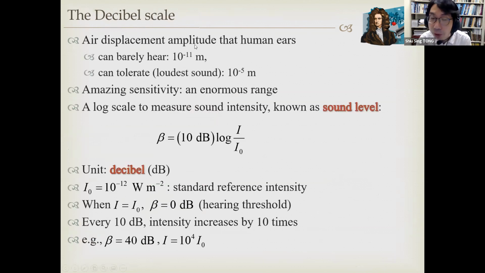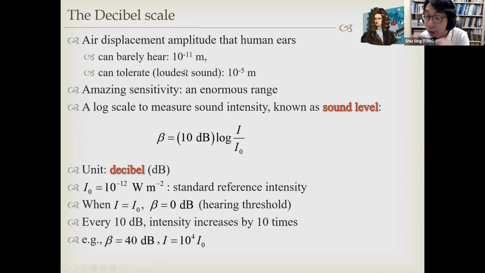The loudness of a sound is actually measured in decibels. Now, air disturbance, the displacement in air that human ears can hear, has a very wide range. For the sound that human ears can barely hear, the displacement wave may be as small as 10 to the power of minus 11 meters.